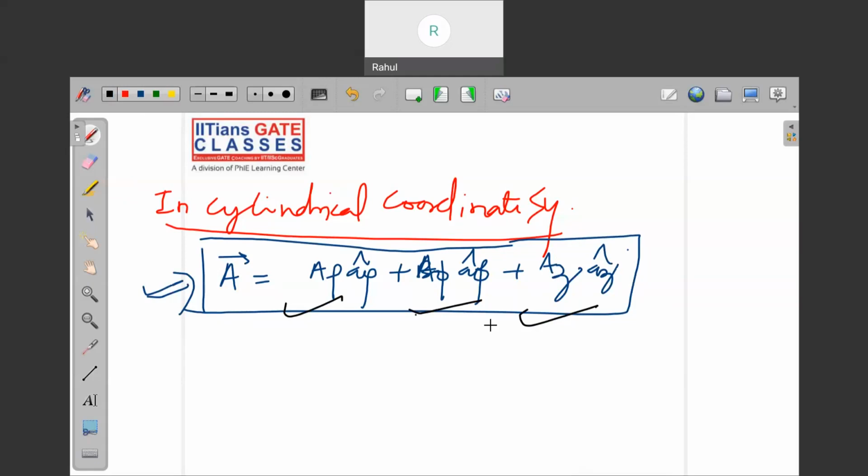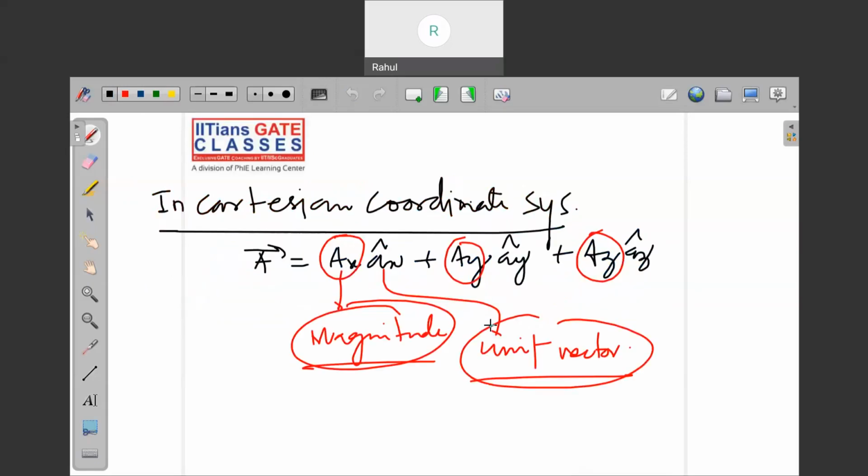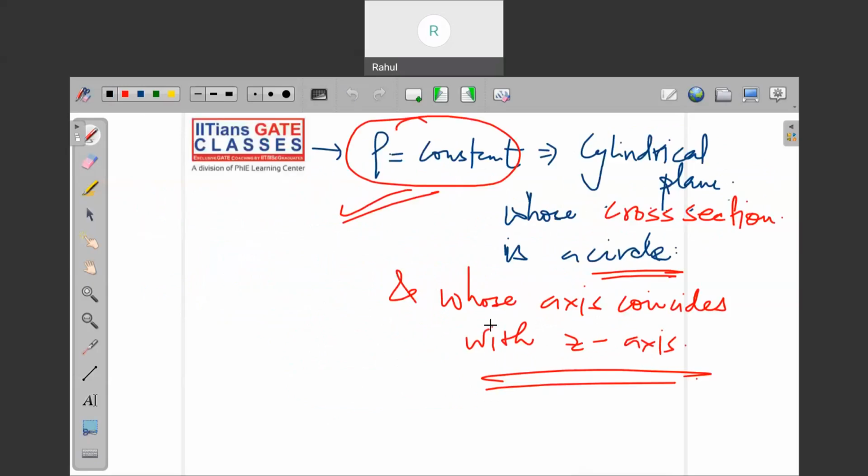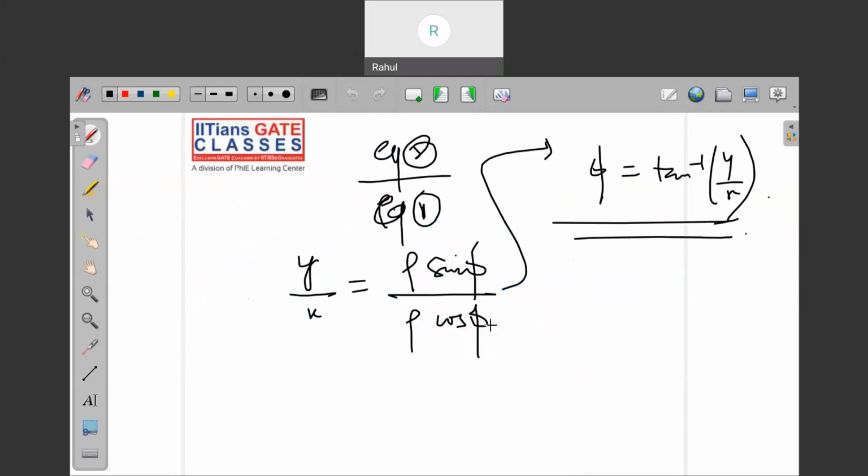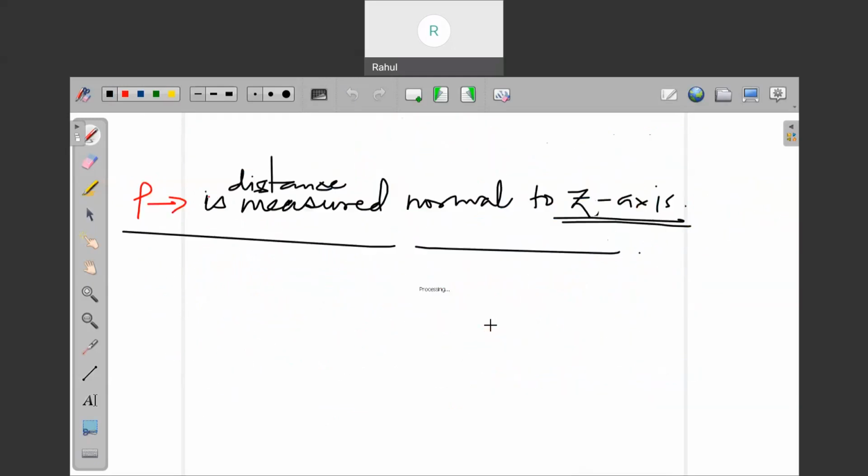We will see some matrix, and you can directly put those values in the matrix and get the components. So this is all about the cylindrical and Cartesian coordinate systems. I hope this is understood. In detail I have discussed what the range parameters are and what locus you are going to get. Please keep this in mind.